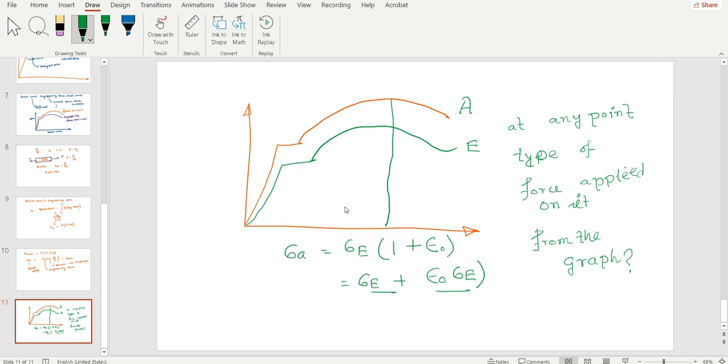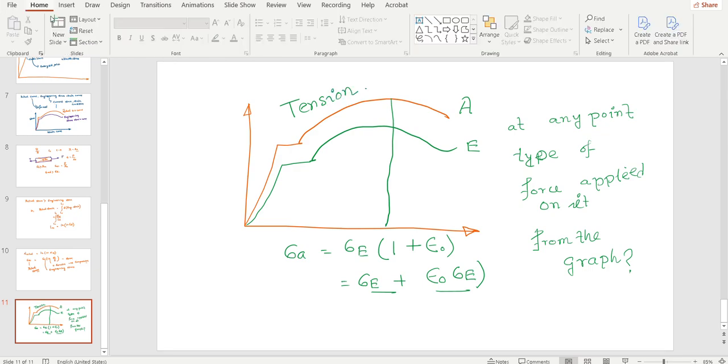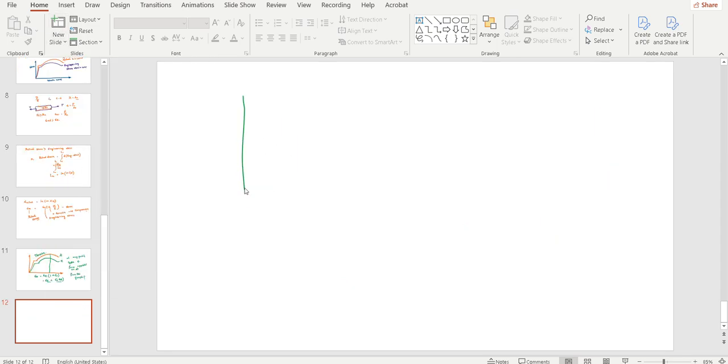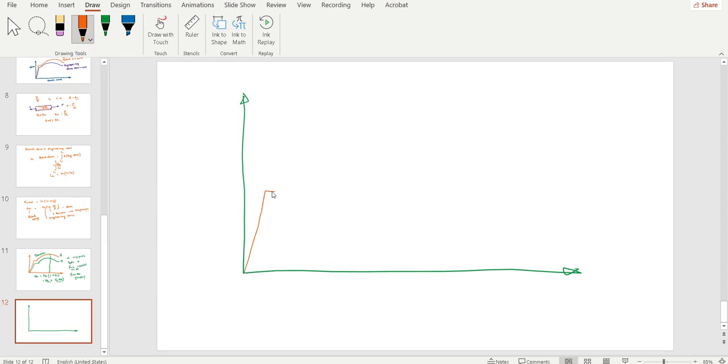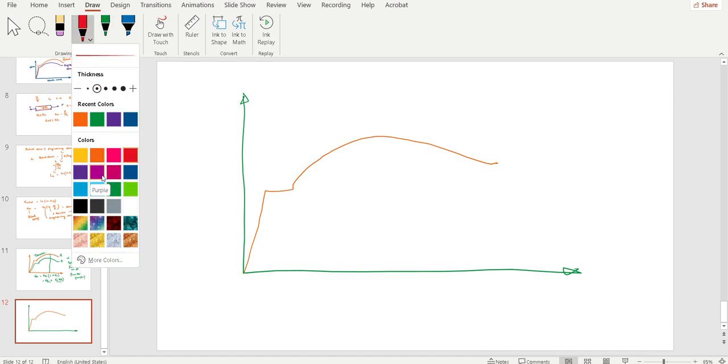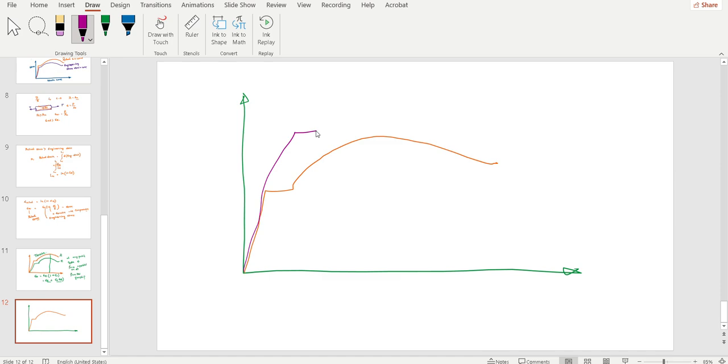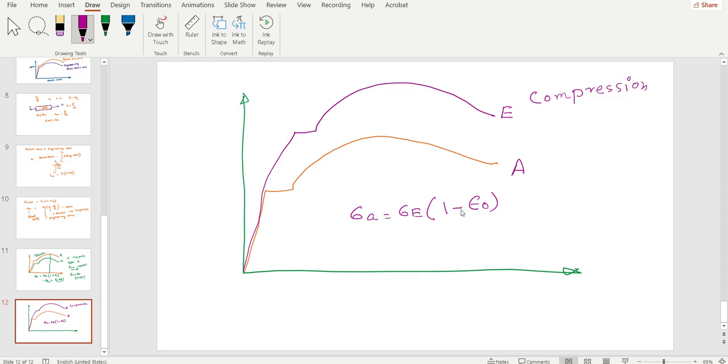So this curve is for tension, and here for compression, this is the engineering curve and this is the actual curve, because here the formula differs. So this is the significance of that sign.